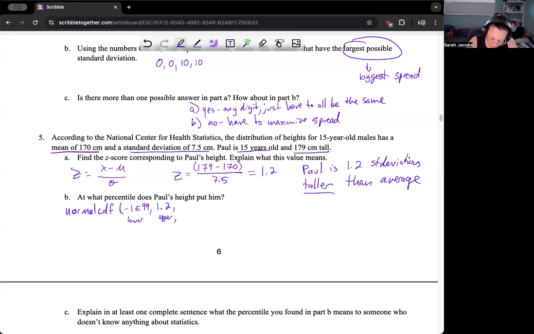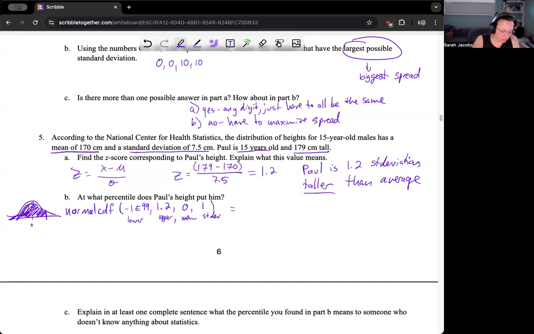And then since we're using a z-score here, our mean is 0 and our standard deviation is 1. And so just for reference, here's 0, here's like 1.2. So we're expecting a percentile that's pretty high, right? Like he's definitely over the 50th percentile, probably over the 80th.